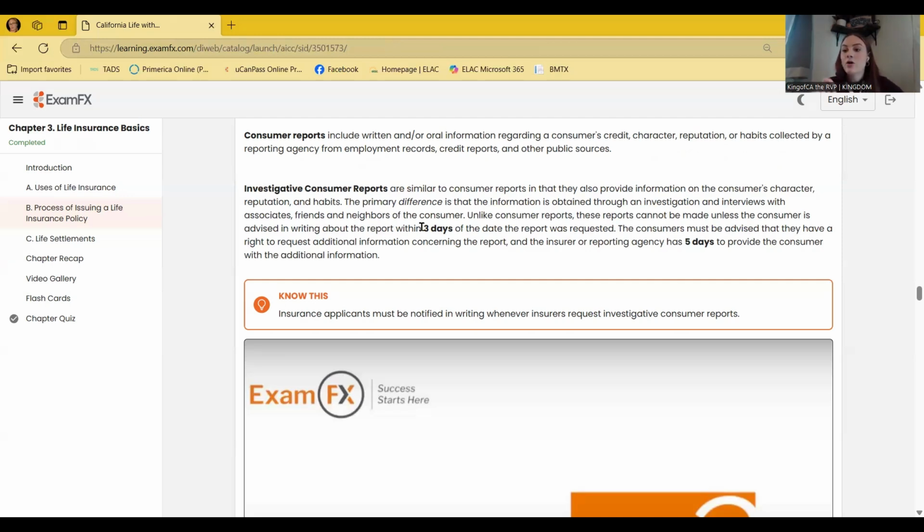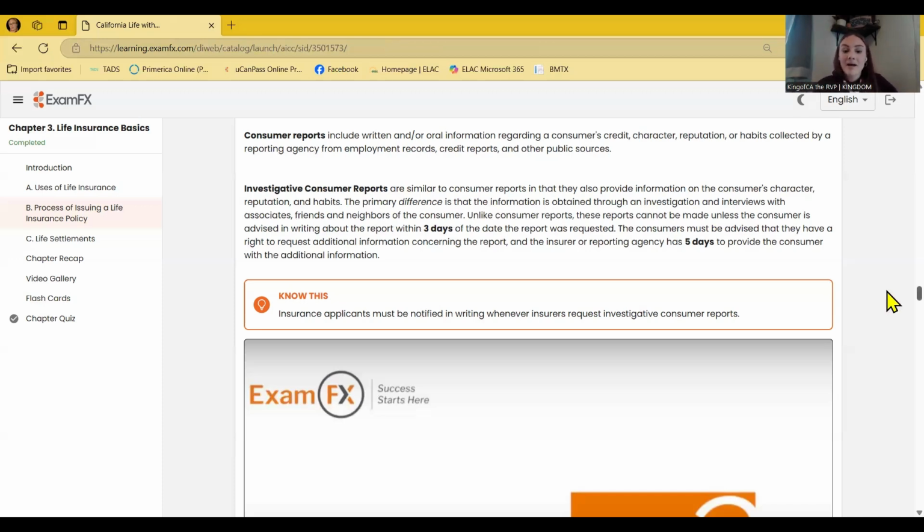We need to be notified that an investigative report is happening within 3 days of the date the report was requested. If we request additional information or a copy of this report, it must be given to us within 5 days of that request. So 3 and 5.